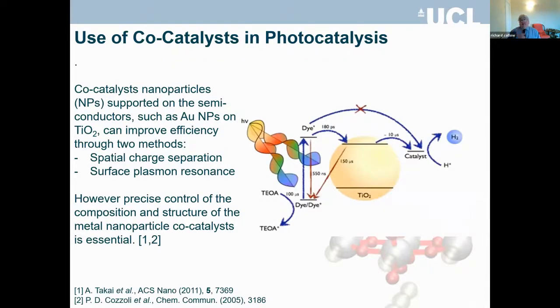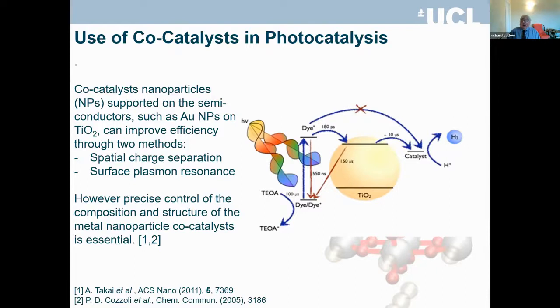Now, one strategy to improve photocatalytic performance is the use of co-catalysts, and that's illustrated in this diagram. So this has a dye-sensitized titania photoactive material, so you're generating your holes and electrons in the TiO2, and of course it's of key importance to try and maximize the lifetime by separating holes from electrons.